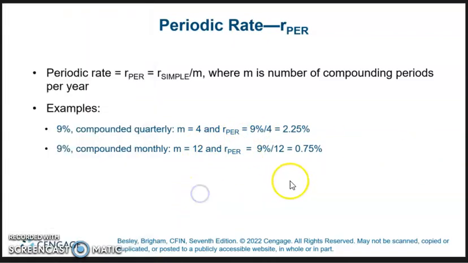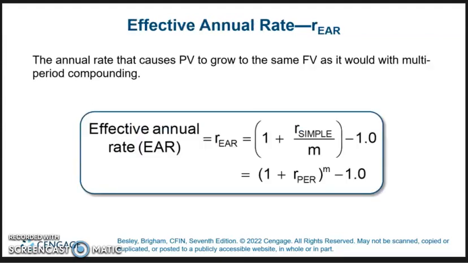There is a formula that we will go through here in a second. The effective annual rate, or EAR, is equal to 1 plus the APR. Ignore that APR and R simple are the exact same thing. This is just the author trying to make things complicated.